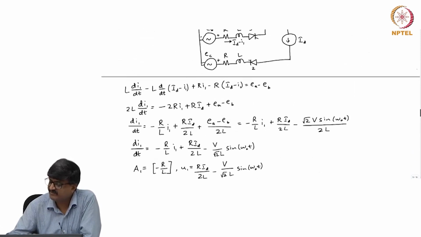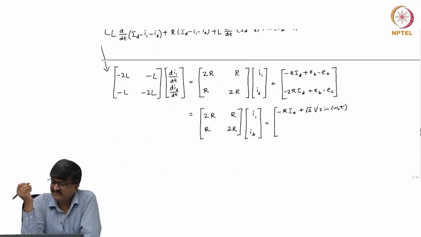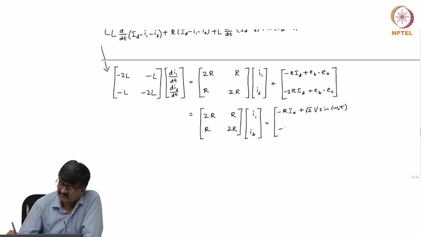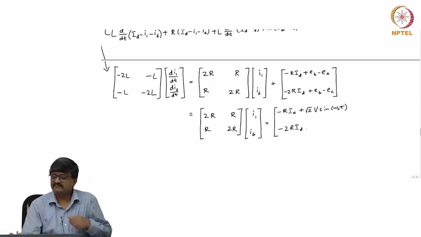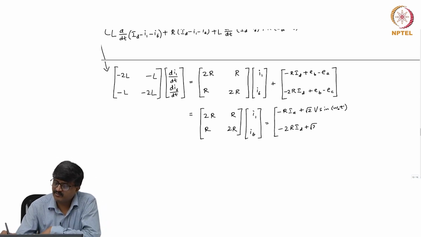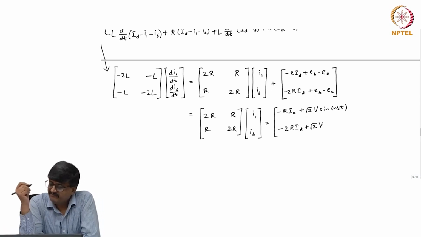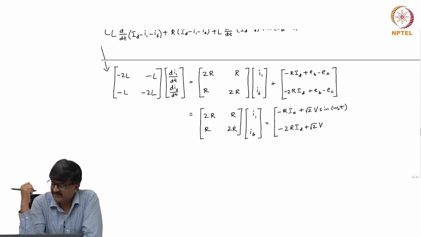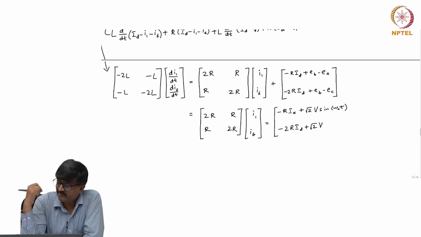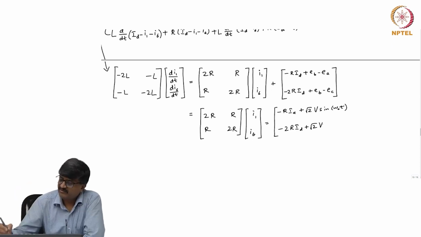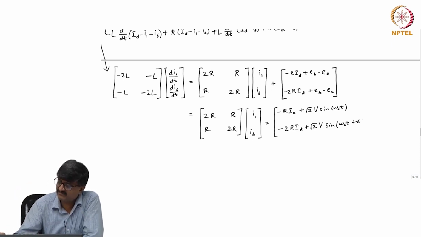With these expressions, E_B minus E_A is root 2 V sin ωo t, and E_B minus E_C is root 2 V sin(ωo t plus 60 degrees).